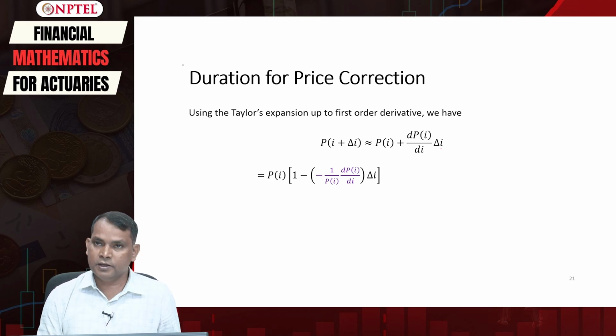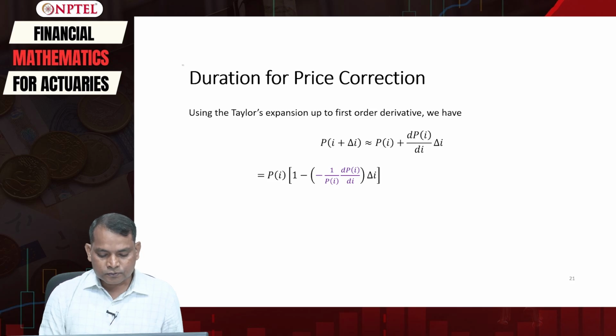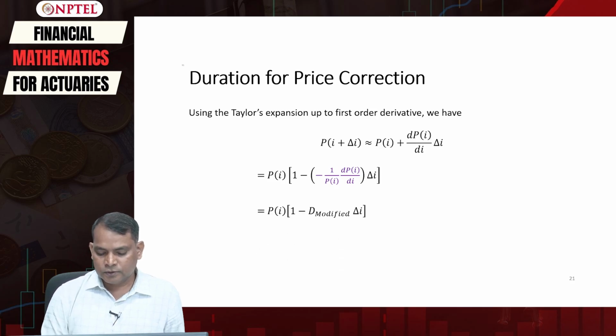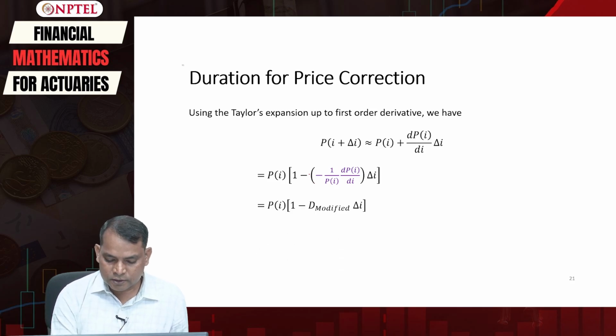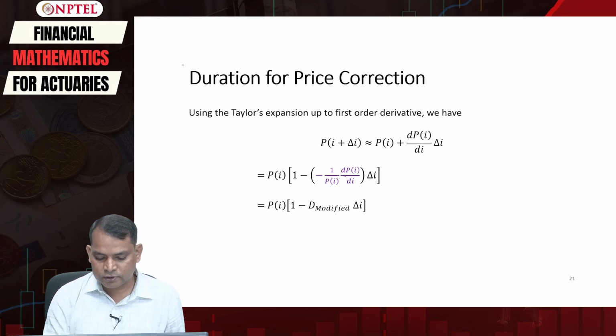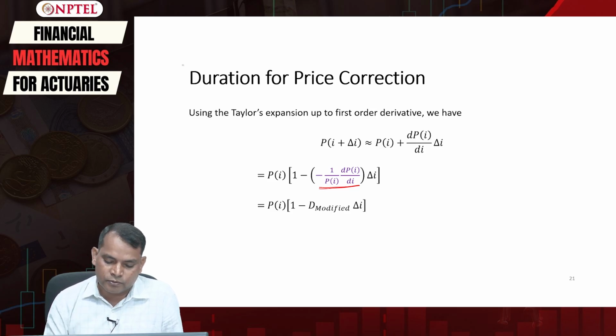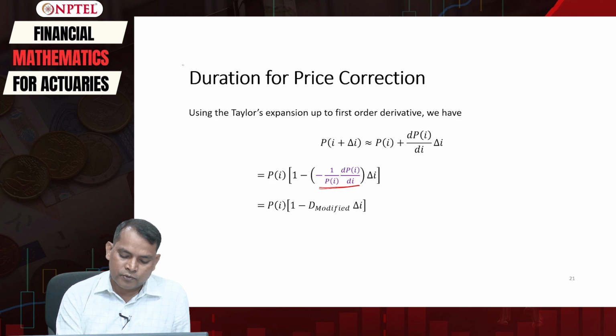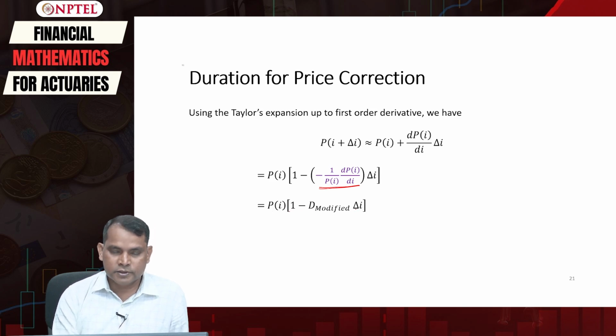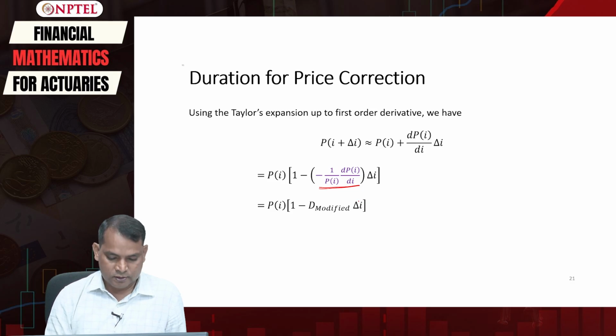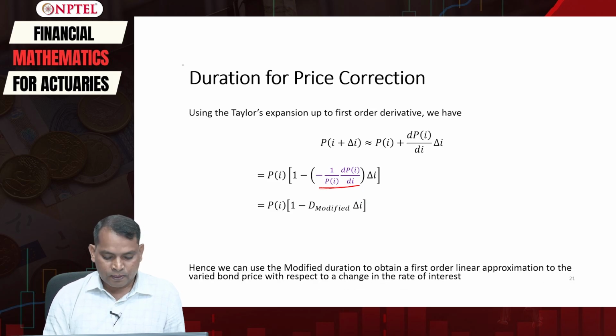Remember, the highlighted term is nothing but our modified duration D star, and therefore this can be rewritten as P(i) times 1 minus D modified times delta i.